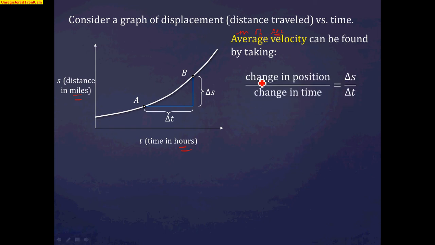Change in position, which is delta S, compared to the change in time, which is delta T. This is the velocity average. Now remember, it's only called velocity because of these units. Miles per hour.